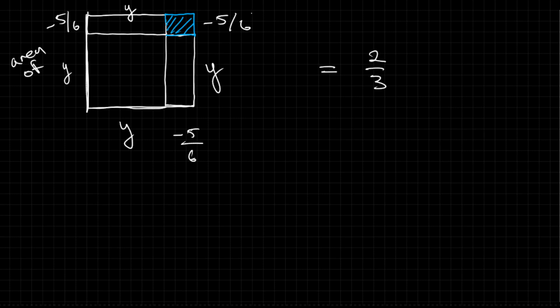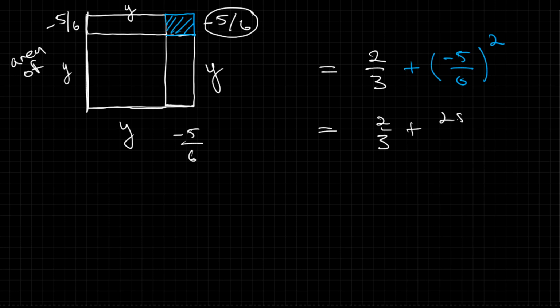And so the area that I added is negative 5/6 squared. And so since I've added area to the left-hand side, I'm going to add area to the right-hand side as well, negative 5/6 squared. And now this will become 2/3 plus 25 over 36.